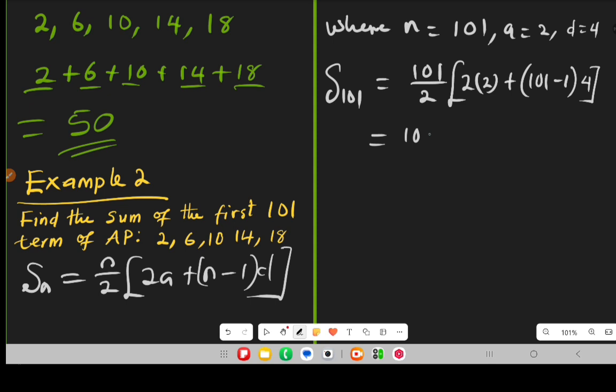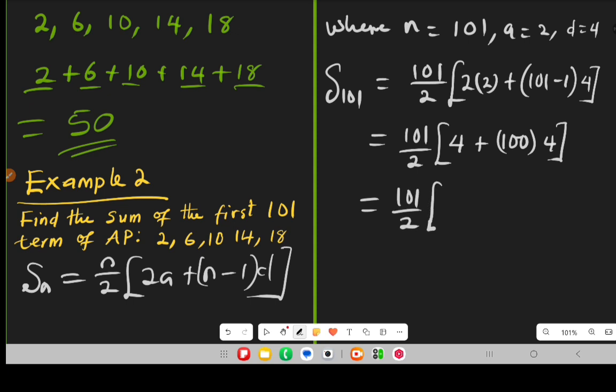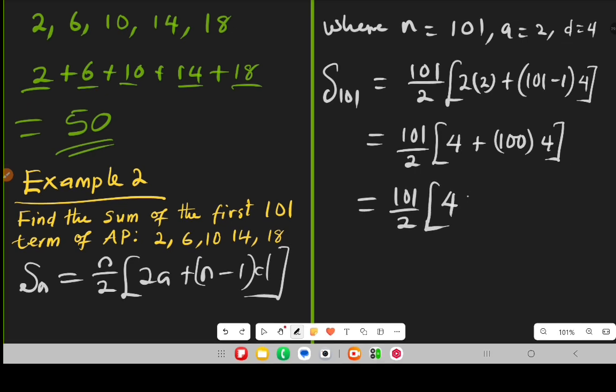This will give us 101 over 2 times (2 times 2 gives us 4, plus 101 minus 1 gives us 100, times 4), which will give us 101 over 2 times (4 plus 400).